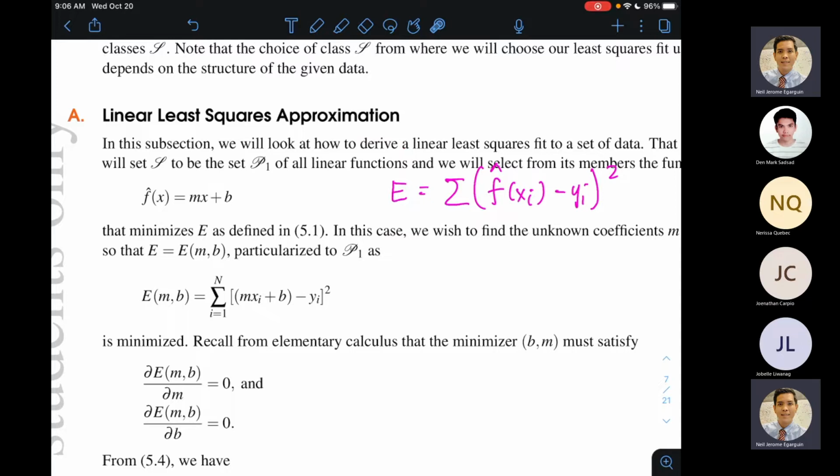So yun yung hanapin nating parameters. Lahat ng elements ng set S natin, set of candidate functions, ay pwedeng masulat in this way. Kasi nga lahat sila linear functions lang. And then if I will use this form for f hat of x sub i, so mapapalitan si f hat of x sub i ng m x sub i plus b minus y sub i.